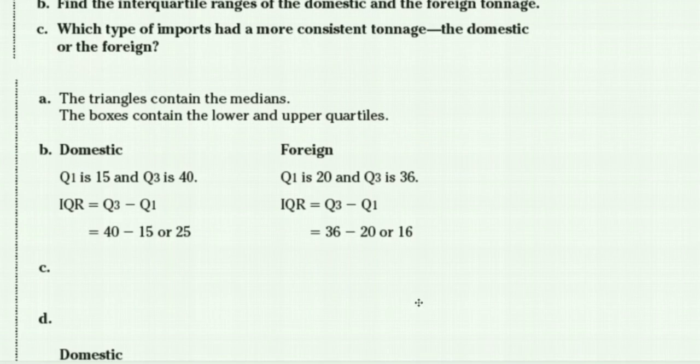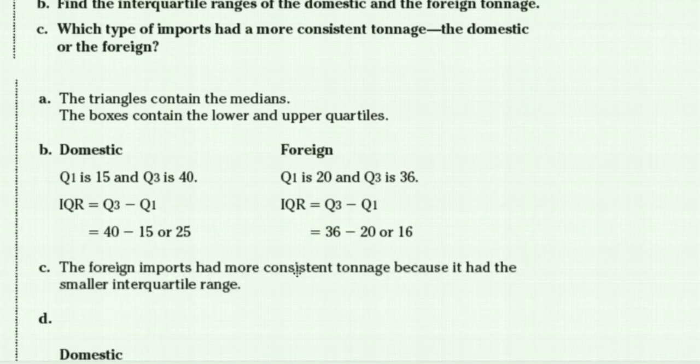Letter C, the foreign imports had more consistent tonnage because it had a smaller interquartile range. When you talk about consistency, it is more consistent when the interquartile range becomes smaller. If you look at the domestic imports, it's 25, which is a lot greater than 16.